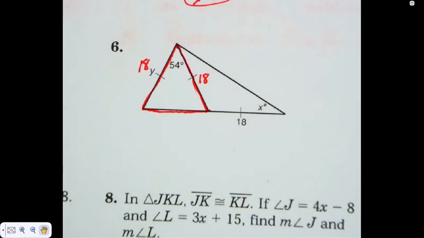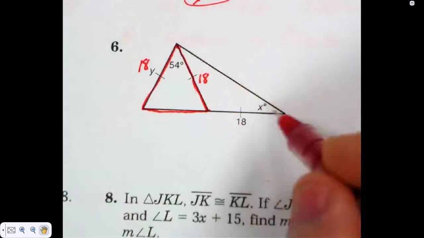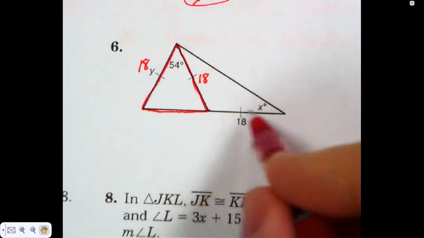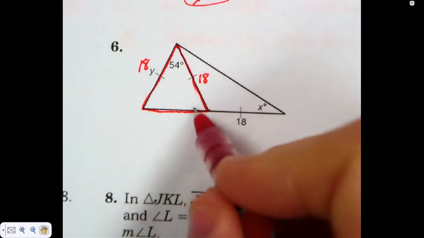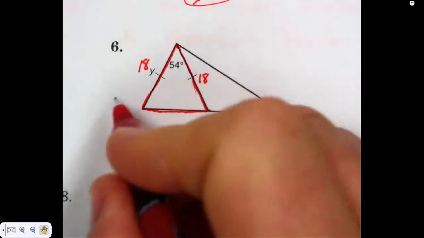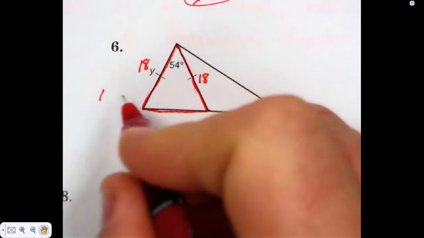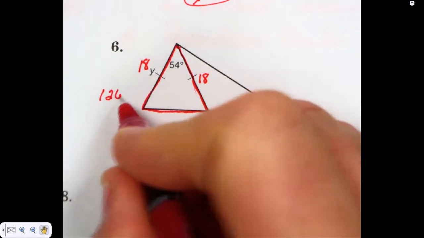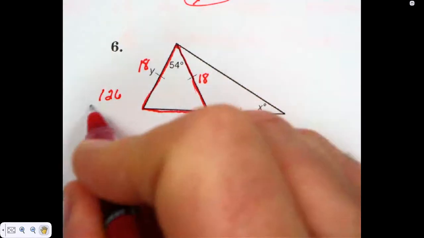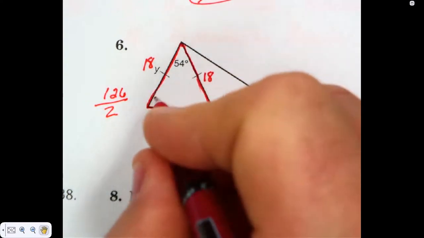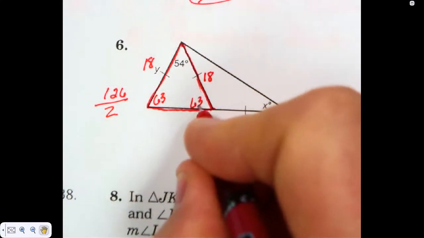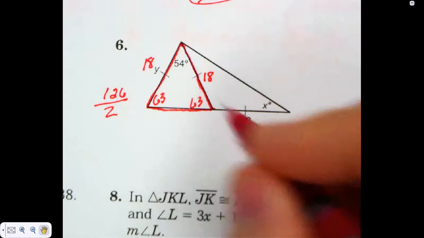Okay, we got the y taken care of. Now how about this? Obviously, I'm going to have to start over here and work my way over to here, aren't I? Okay, 54, what's left for those two to be? 126, is that right? So divide that by 2, what do I get? So 63, 63. Everybody okay there? Does that add up right?